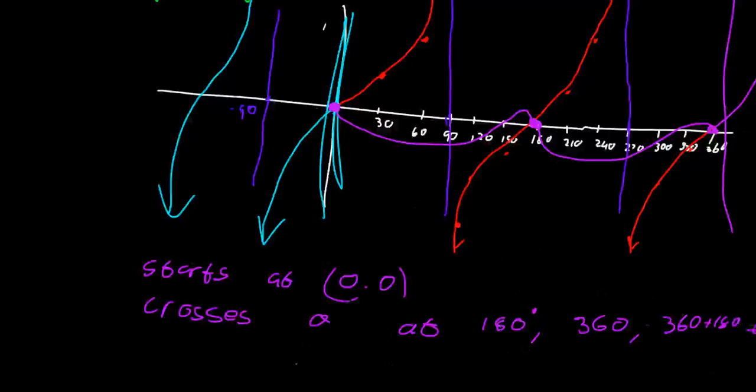Also crosses 0 at minus 180. So 180 degree intervals in both directions, negative and positive.